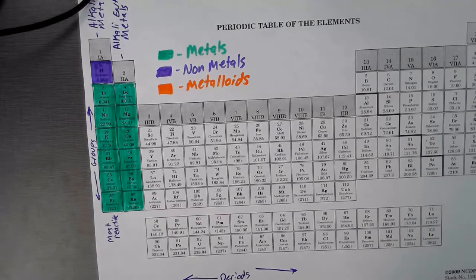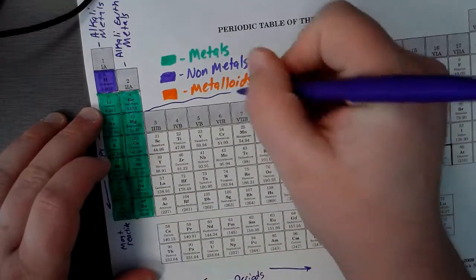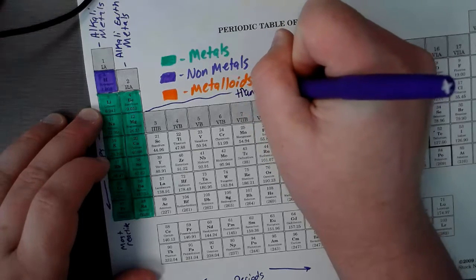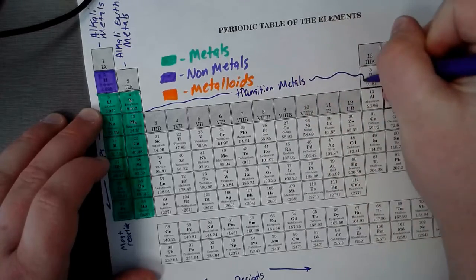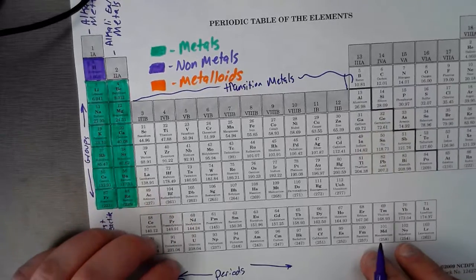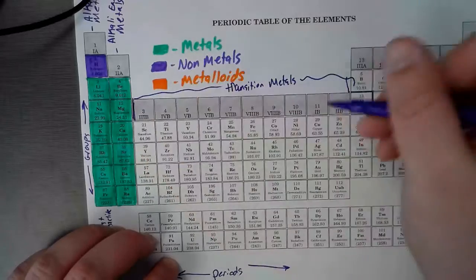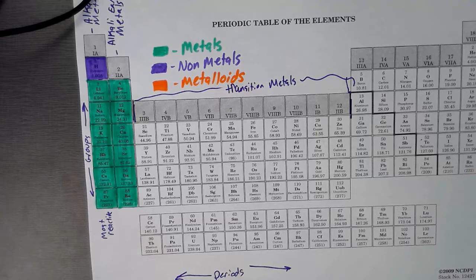So our next section is this little section right here, and these are called our transition metals. Groups 3 through 12, these are all our transition metals. Now, they have a moderate range of reactivity and similar properties.